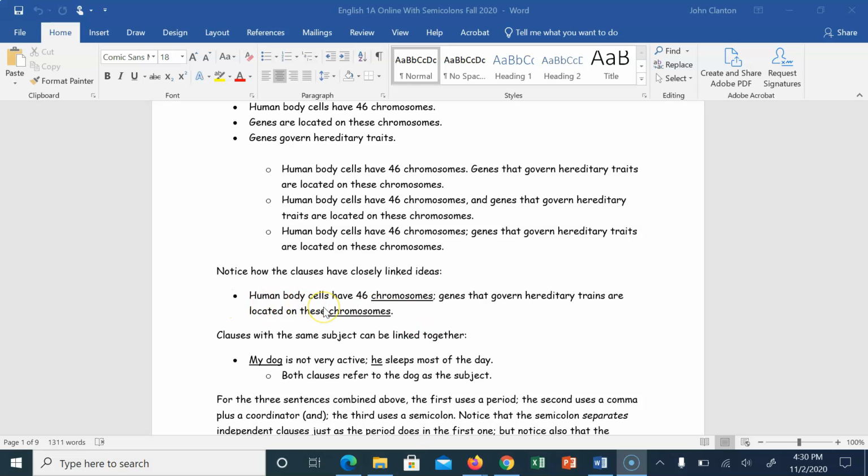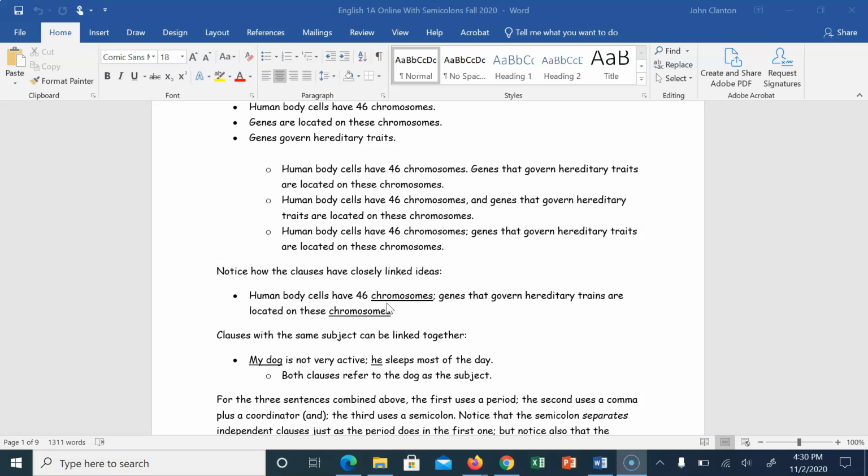So this first sentence basically gives us some information. It tells us that human body cells have 46 chromosomes, all right? Semicolon. And then the sentence after explains what they are. So both of these sentences are linked together, right? They are talking about the same subject, so it would be a good idea to use a semicolon.